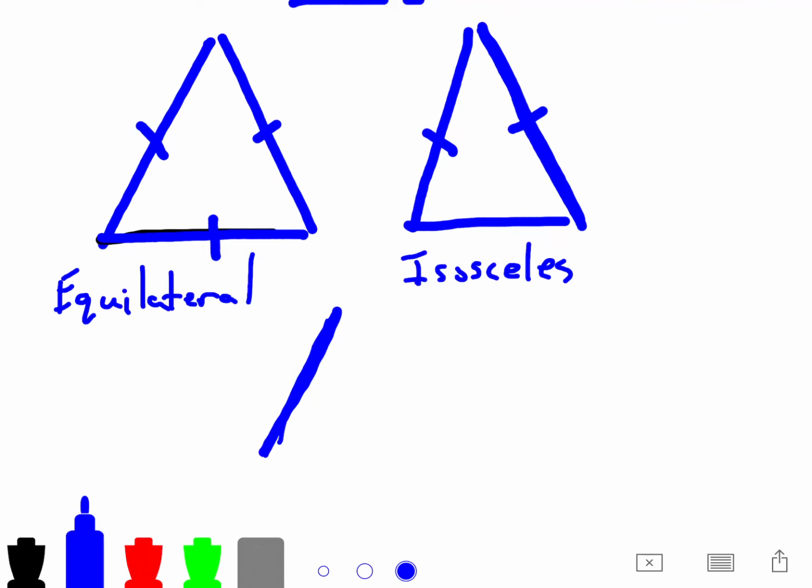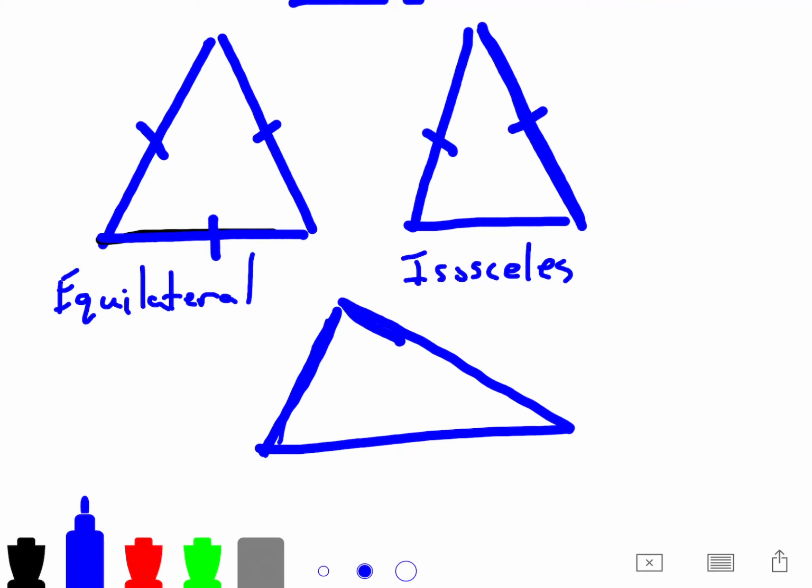We call that scalene. So three different types of triangles based on their sides. And again, this one is called scalene. So that's classifying triangles based on their sides.